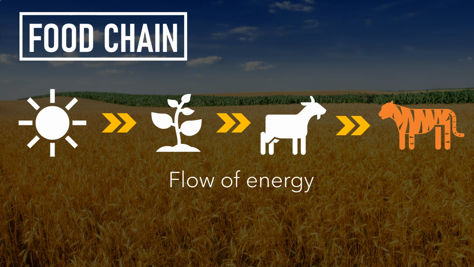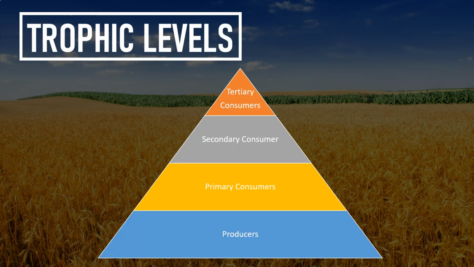A food chain essentially illustrates a flow of energy from producers to consumers, and every stage or level of the food chain is called a trophic level. So in this triangle, you can see that there's 4 main trophic levels. At the bottom tier, we have producers, primary consumers, secondary consumers, and the pinnacle is the tertiary consumers.